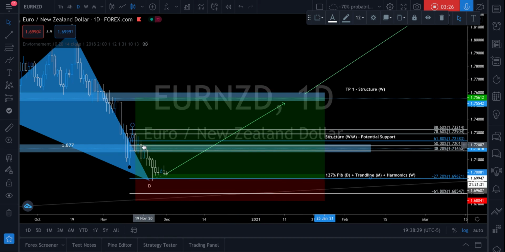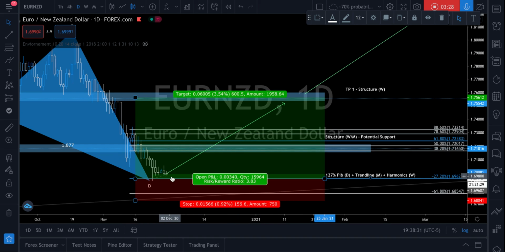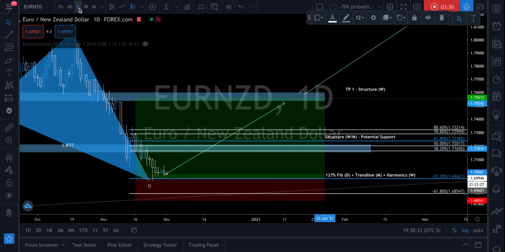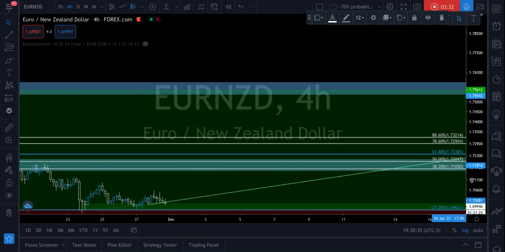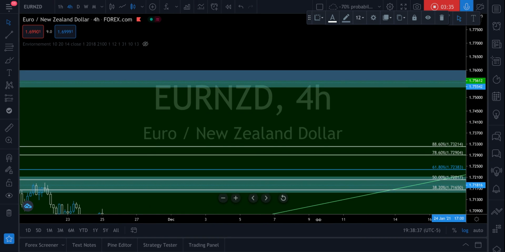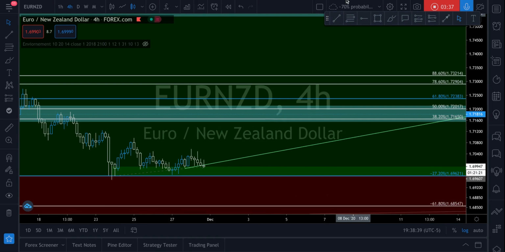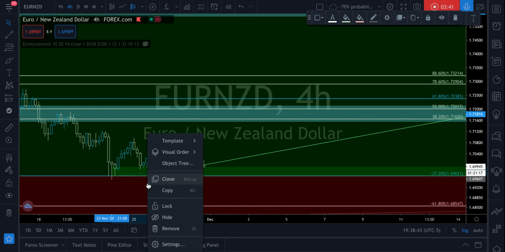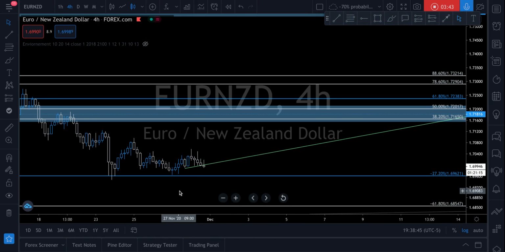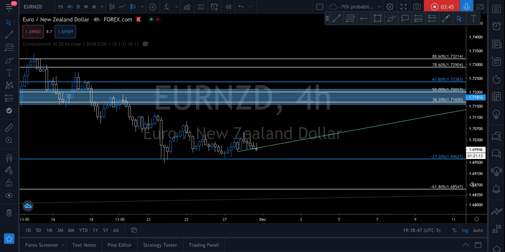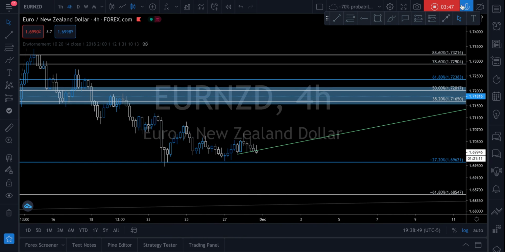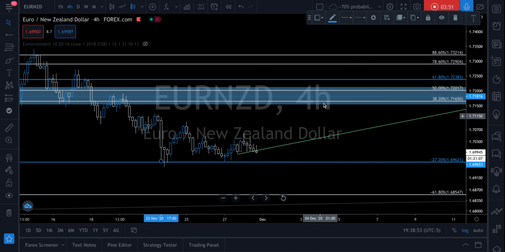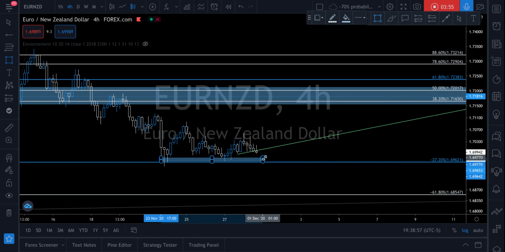On the daily time frame, we still have a lot of bearish momentum continuing to push this pair downward. On the 4-hour time frame, we can blow it up and see if there's anything interesting happening. Let's hide this for a second so we can navigate more easily. As you can see, this 127 fib is giving us a good support area to monitor on this 4-hour time frame.